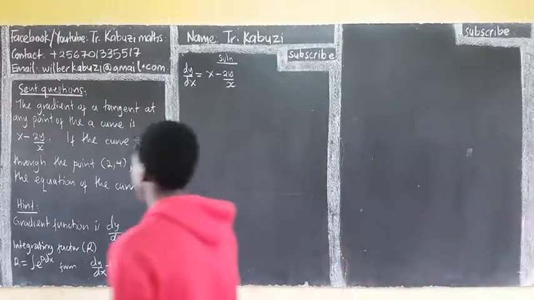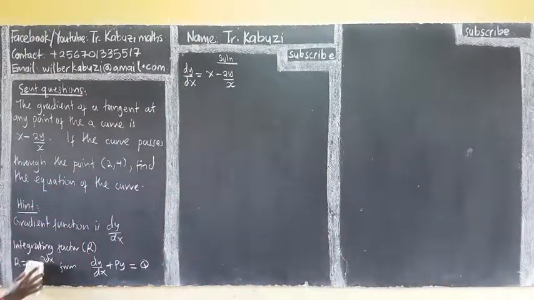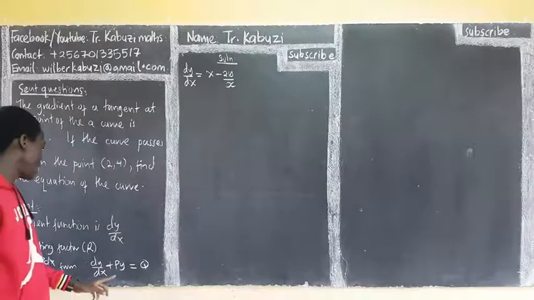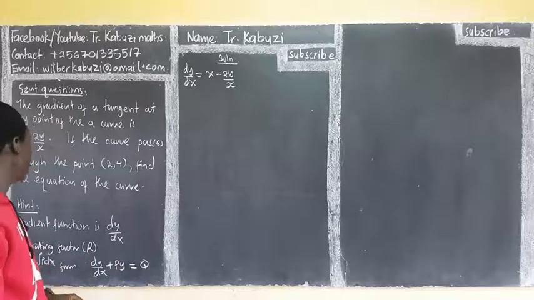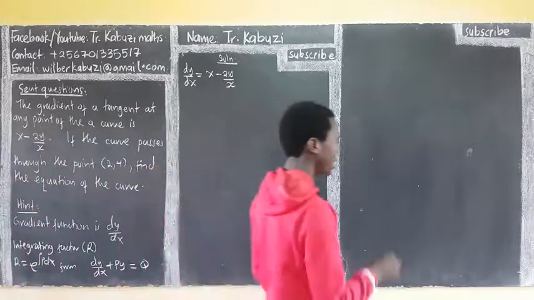This r is given by e to the power integral of p dx. How do you get p? The p is always, if you have the equation in this form, that's how we get our p.